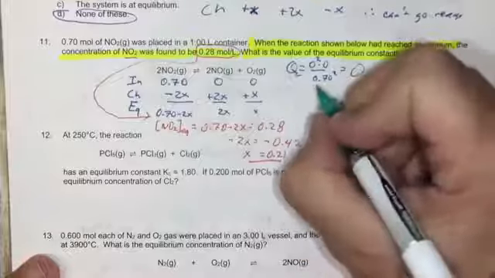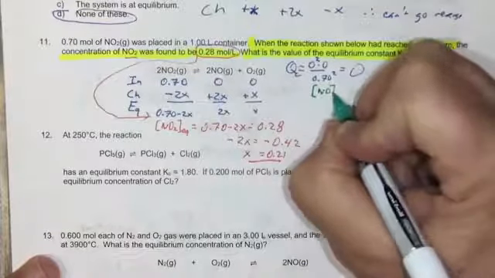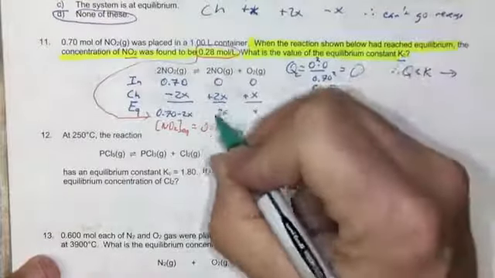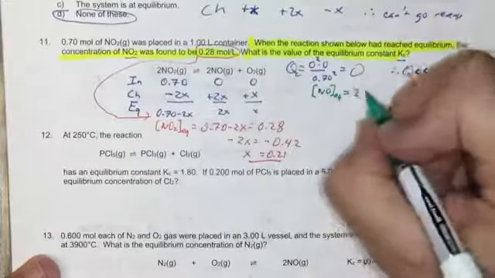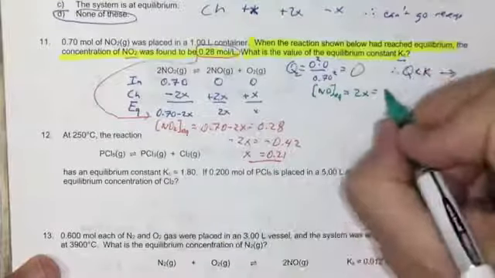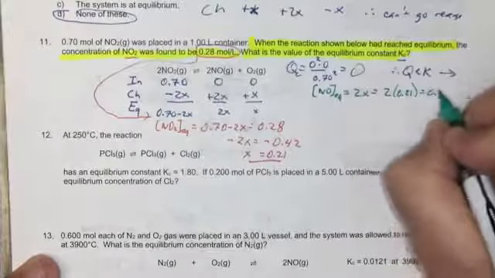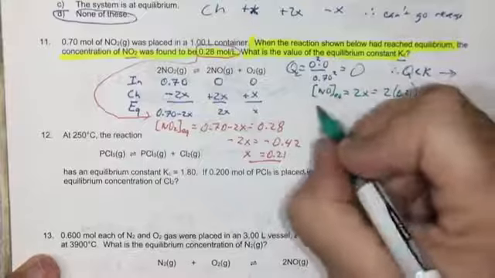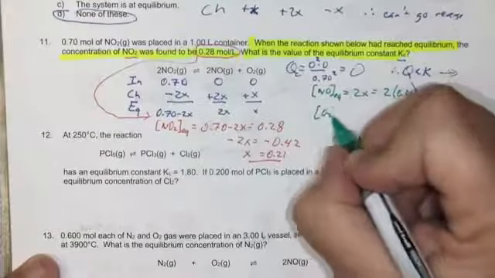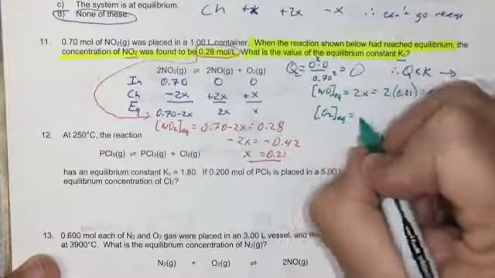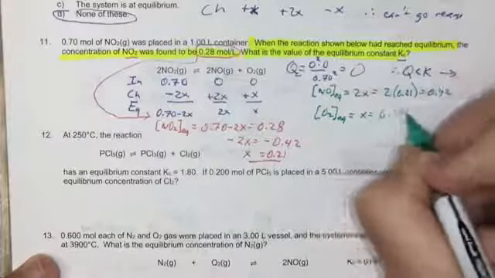And so, notice then, the concentration of NO at equilibrium is equal to 2x. I get that from the EQ line, 2x, which is 2 times 0.21, which is 0.42. And the concentration of O2 at equilibrium is equal to x, which is 0.21.